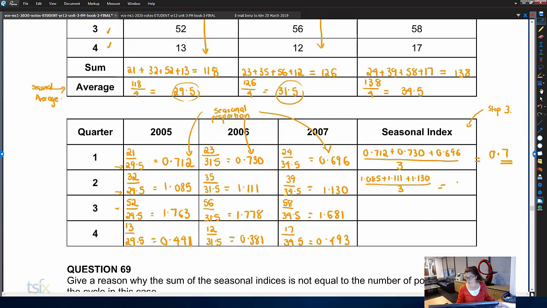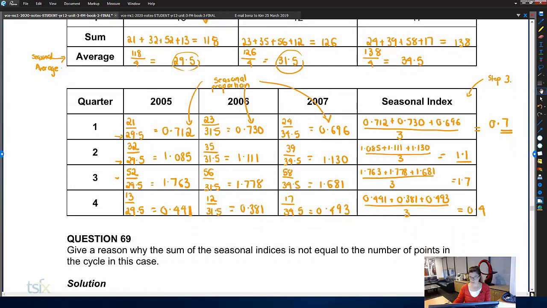That gives you 1.1, making sure I go to 1 decimal place. 1.763 plus 1.778 plus 1.681 divided by 3 gives you 1.7. 0.441 plus 0.381 plus 0.493 divided by 3 gives you 0.4.